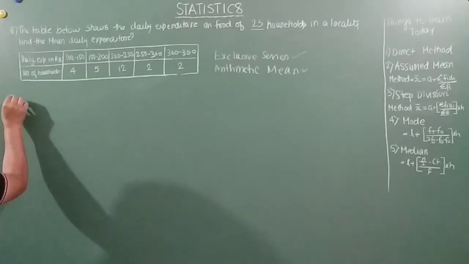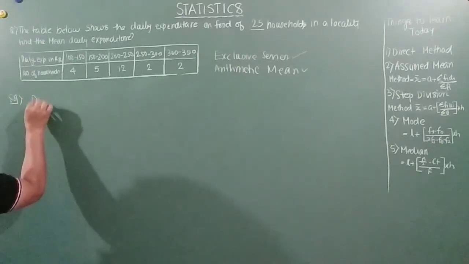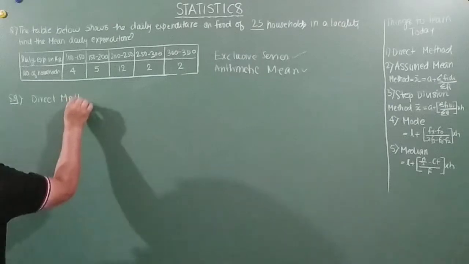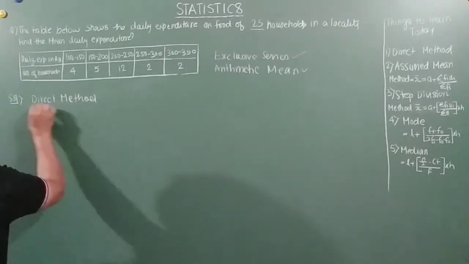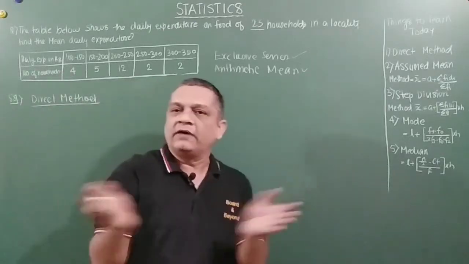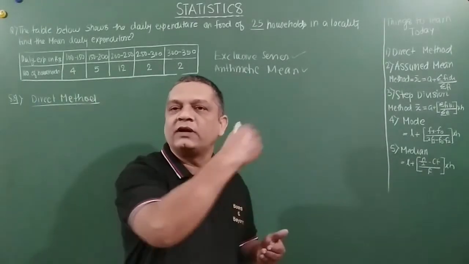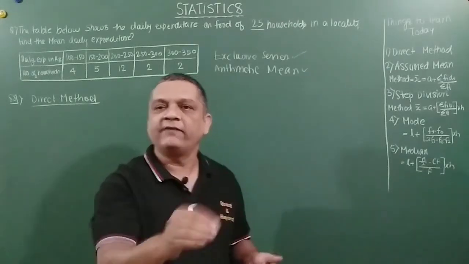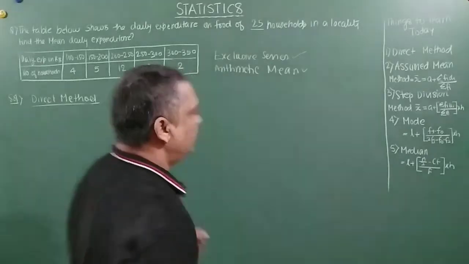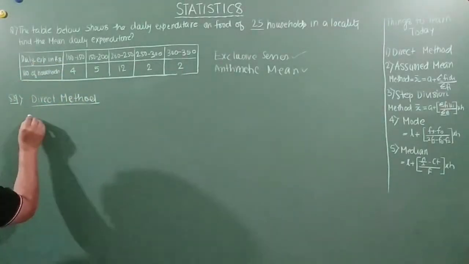Solution. The first one is the direct method. In the direct method, as you have already seen, the mean is sigma i ranging from 1 to n of xi fi divided by sigma of fi. That is what it is. So let us first represent the table in this format.